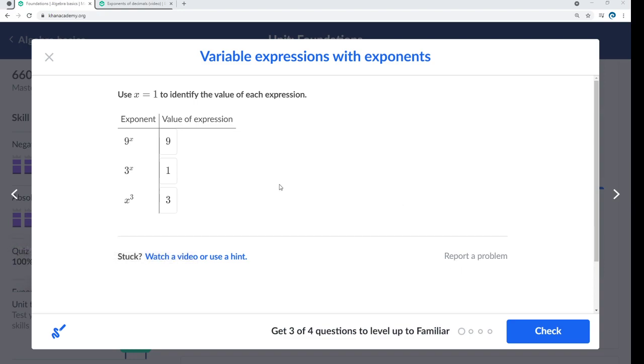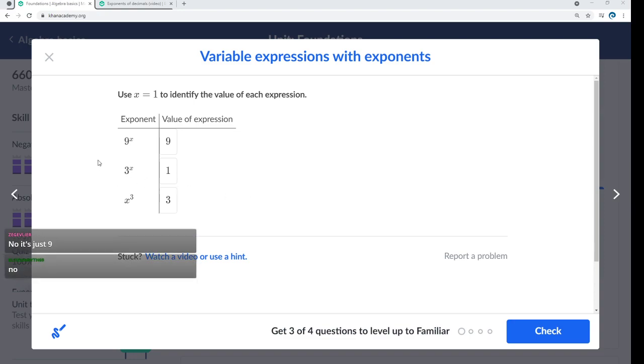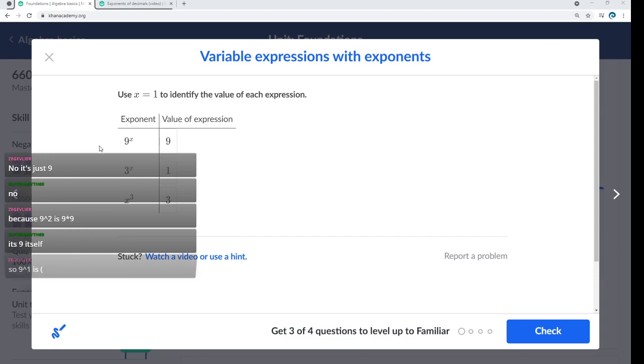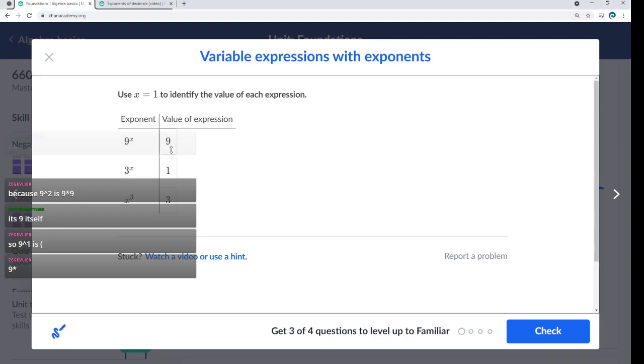Rather than, it's just 9. It's not 9 times. Oh, because it's 9 itself. Got it. So this is true. So 9 to the first power is 9.